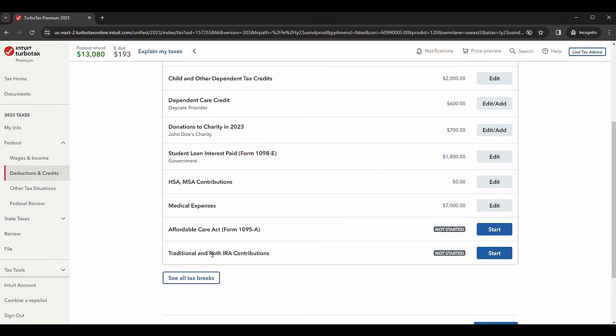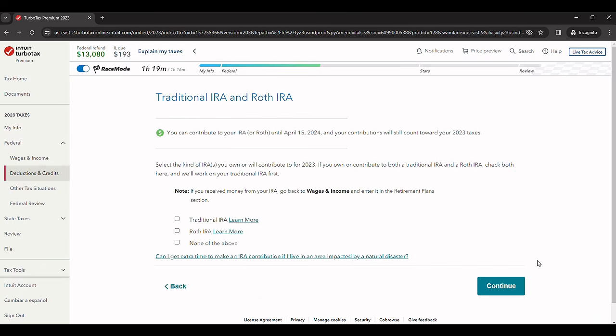Traditional and Roth IRA contributions. Let's look at this really quickly. If you put money into a Roth IRA, that's something you report, but it's not going to help you for tax deductibility. If you take money out of the Roth, an early distribution, things like that, then you're going to have to report that.